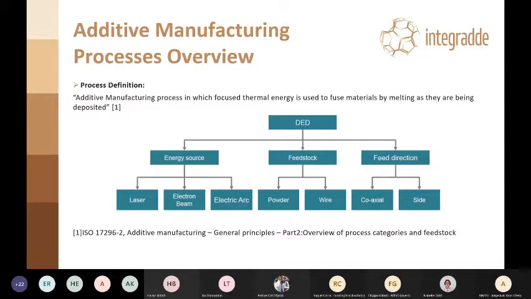By feedstock, you can divide it in powder and wire, and by feed direction, you can divide these technologies in coaxial, where the material and the energy are applied coaxially, or in the side feed direction, where the feedstock is fed laterally to the energy beam.